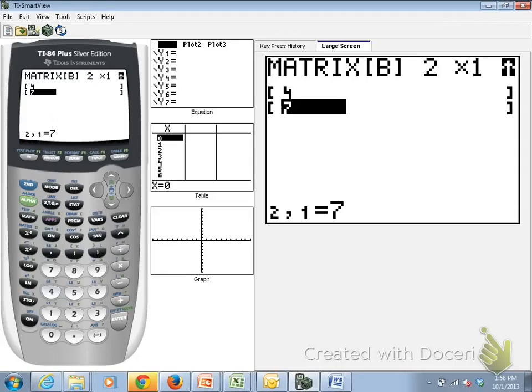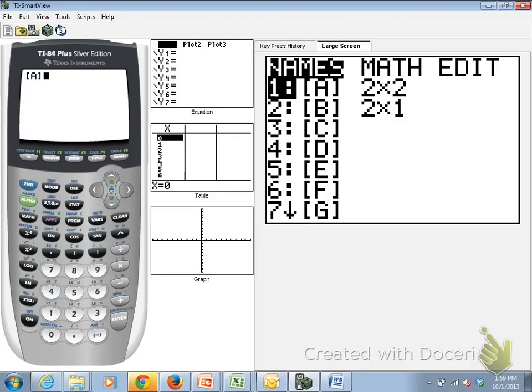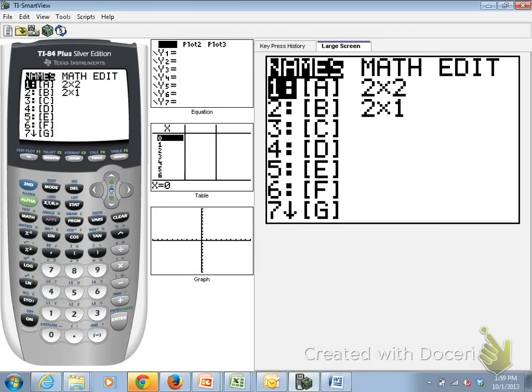Oh, sorry, negative 7. Okay, so then I hit second quit. Okay, then second matrix A, inverse, second matrix B.